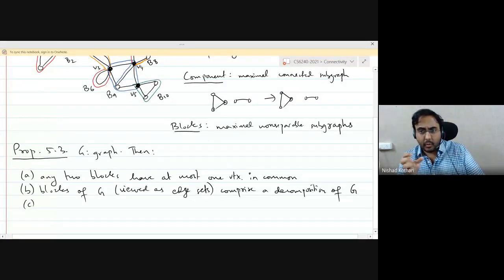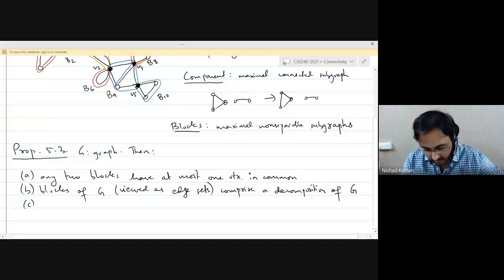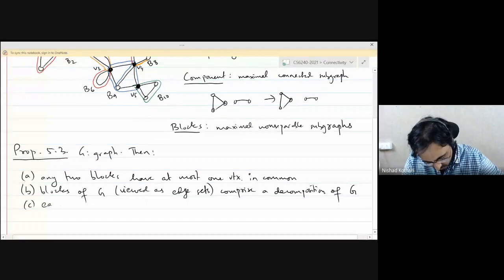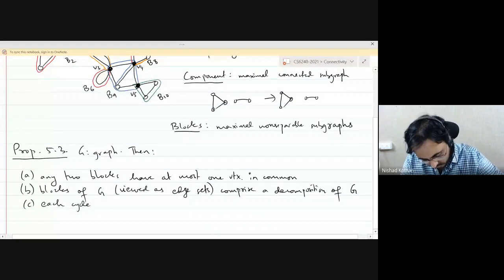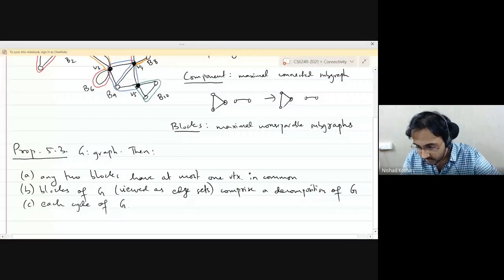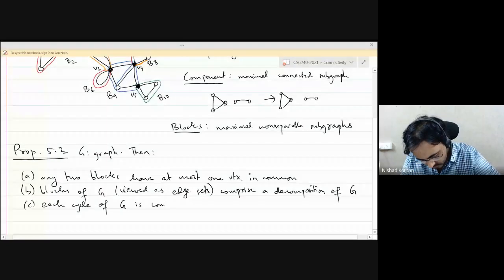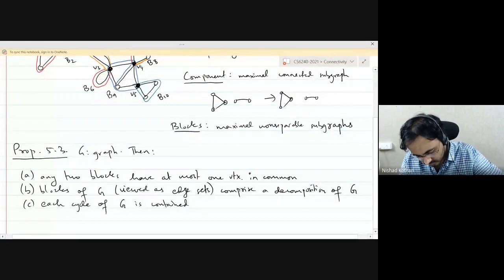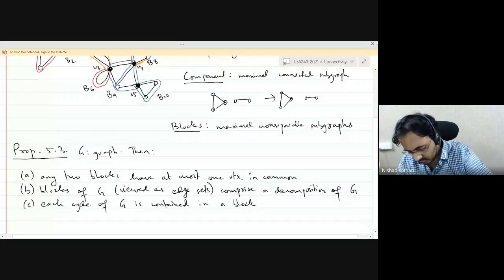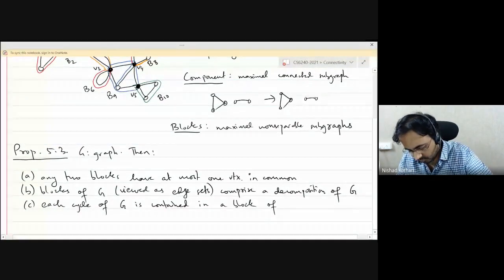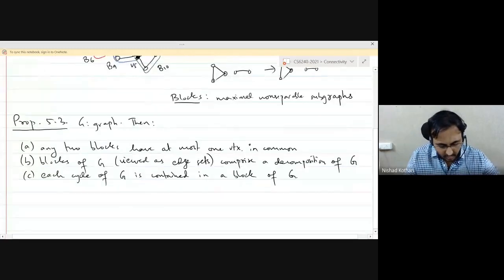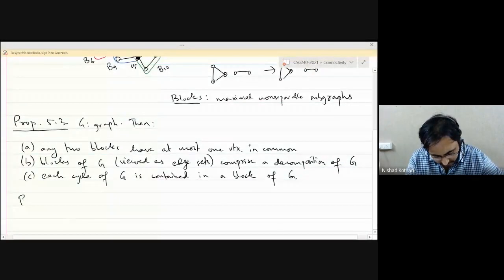It cannot go between two blocks. Okay, so I'm just going to say proof, do it yourself.